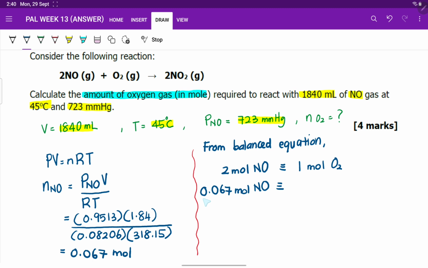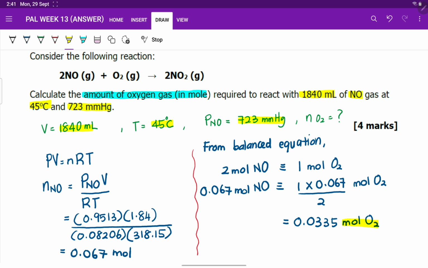So, if we have 0.067 mole of NO, how many mole of O2 do we have? We show our calculation: 1 times 0.067 over 2, and we get our answer as 0.0335 mol of O2, or if you leave it as 0.034, that is also fine. Two significant figures. The final answer must again have the correct unit.